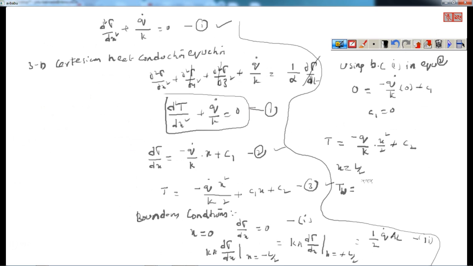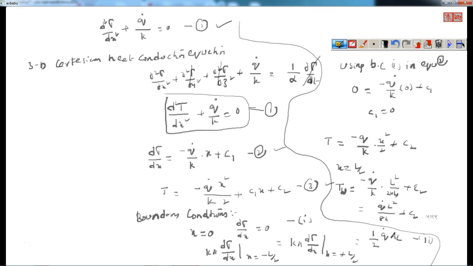TW is equal to minus Q by K, and x is equal to L/2, therefore this is equal to L square by 4 into 2 plus C2, right, plus C2, okay, therefore this is equal to Q dot L square by 8K plus C2, okay.